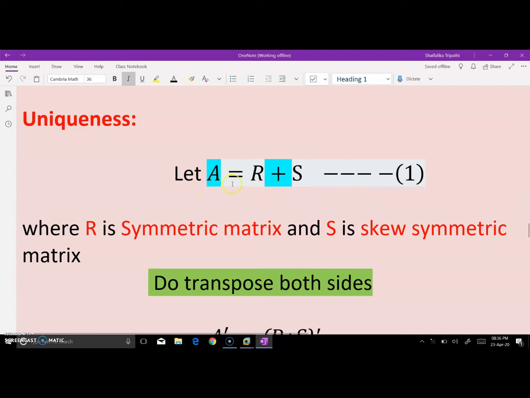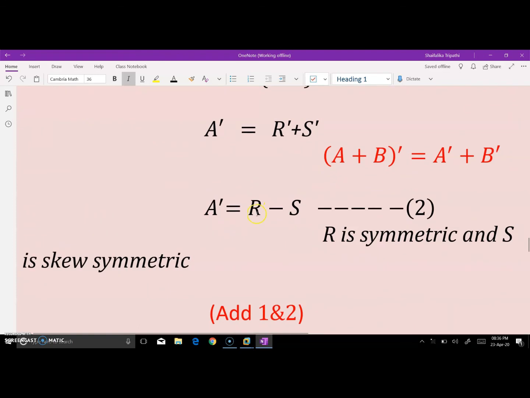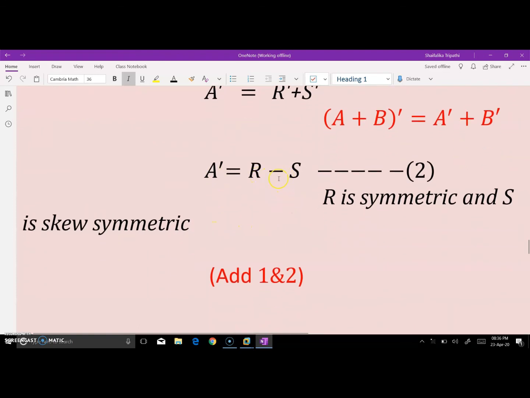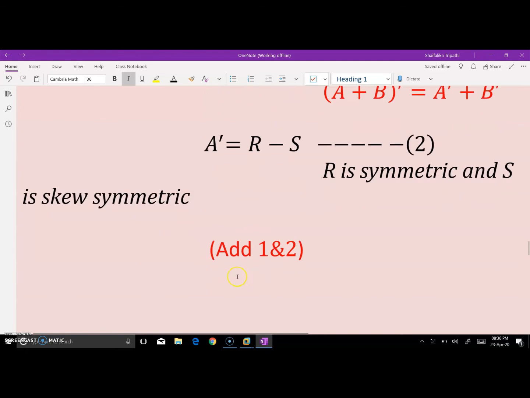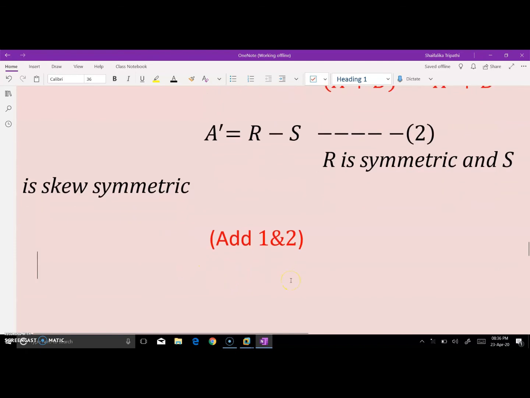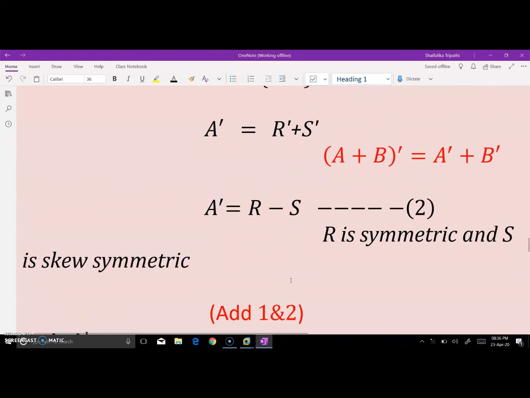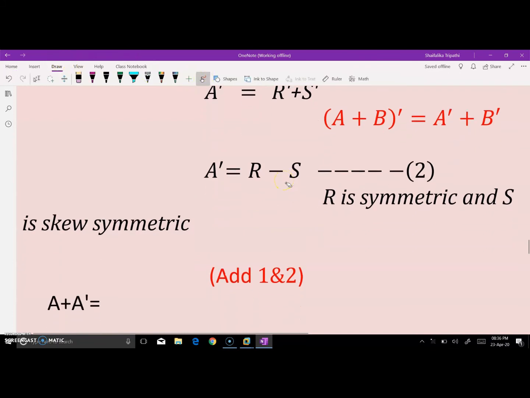Now the first equation is A is equal to R plus S, and the second equation is A transpose is equal to R minus S. Now add these two equations. This is first and this is second.